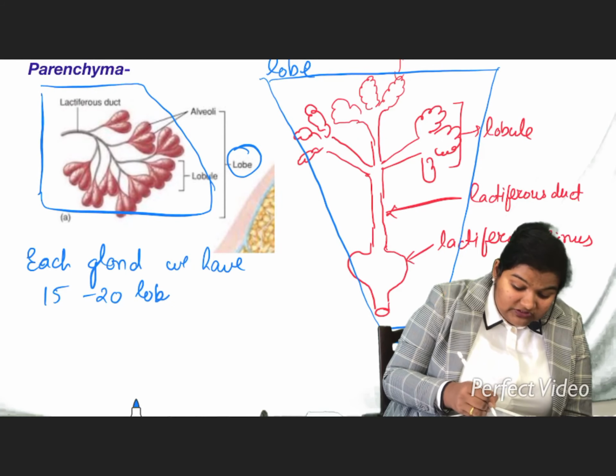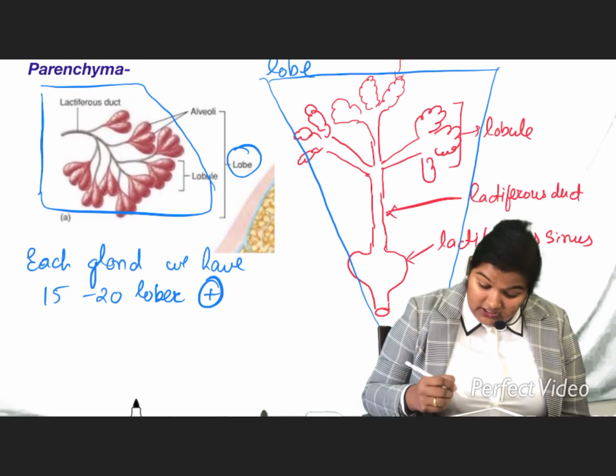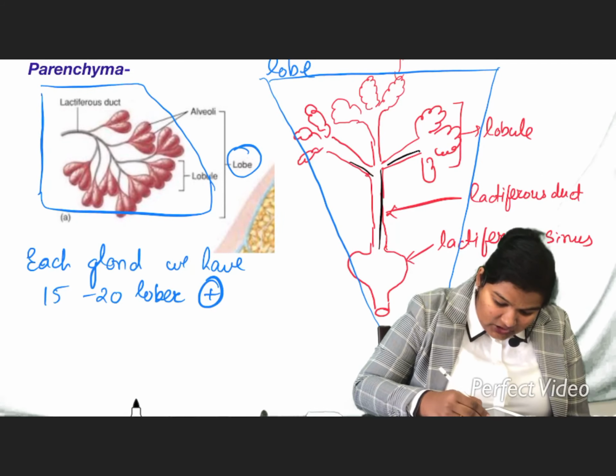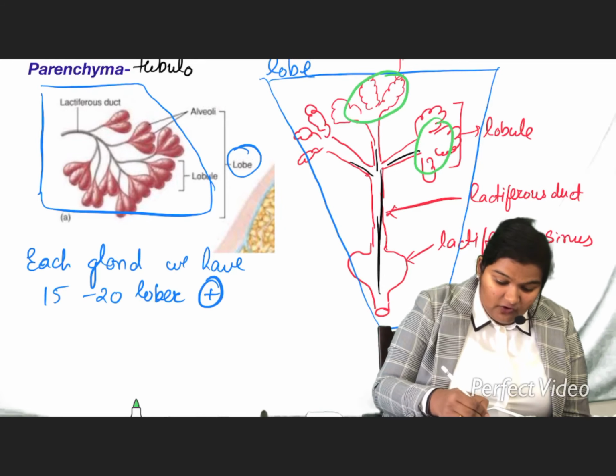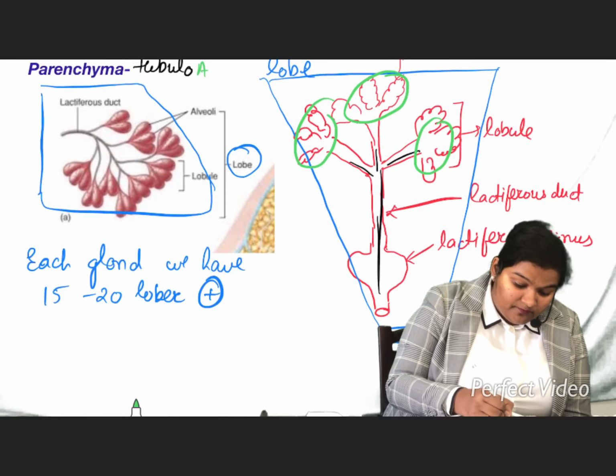So can we say that the parenchyma is a tubular alveolar structure? See, these are the tubes, right? This is a tube system. So we can write it as tubular and alveolar. These are the alveoli present.